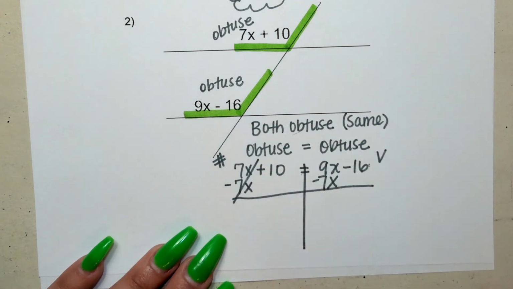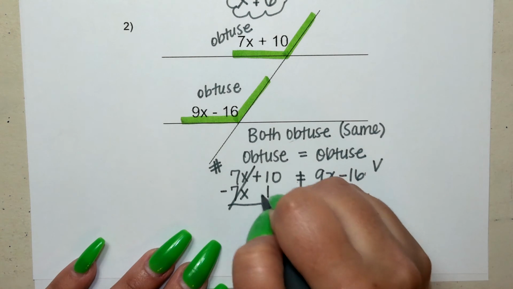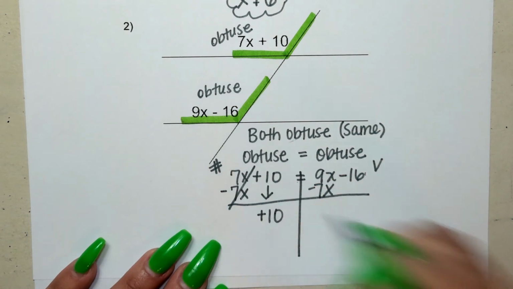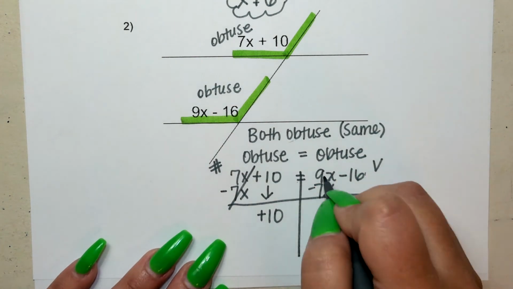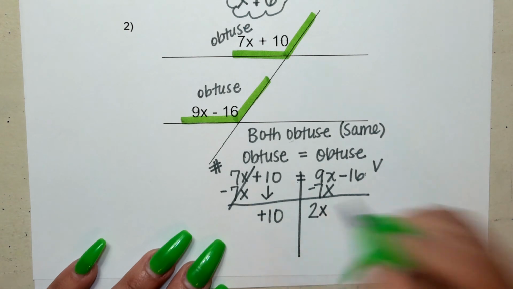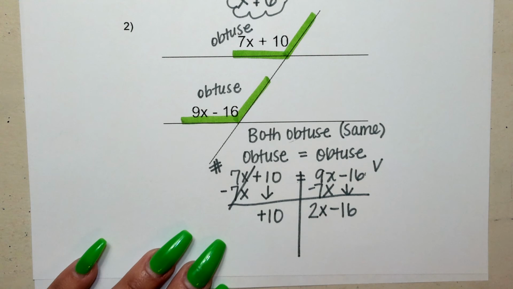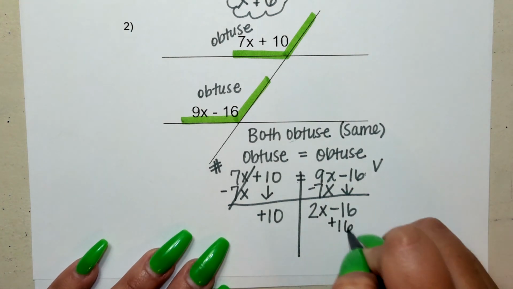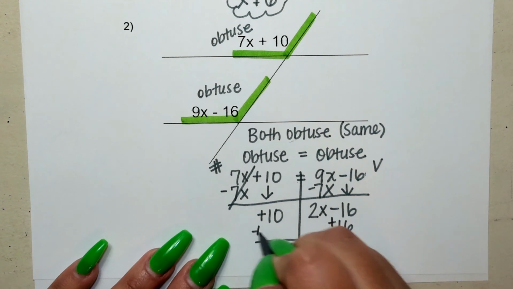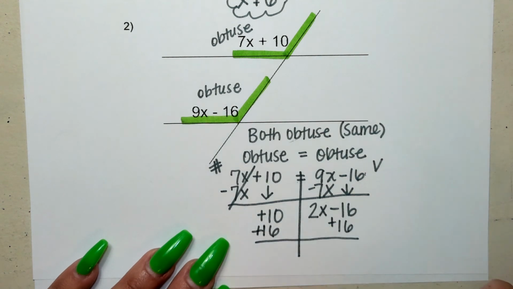My 7's cancel. I'm going to bring down my plus 10. 9 minus 7 is 2x. I'm going to bring down my minus 16. Now I have all of my variables underneath the variable side. I want my number to go over to the number side. So I'm going to add 16 on both sides. My 16 canceled.